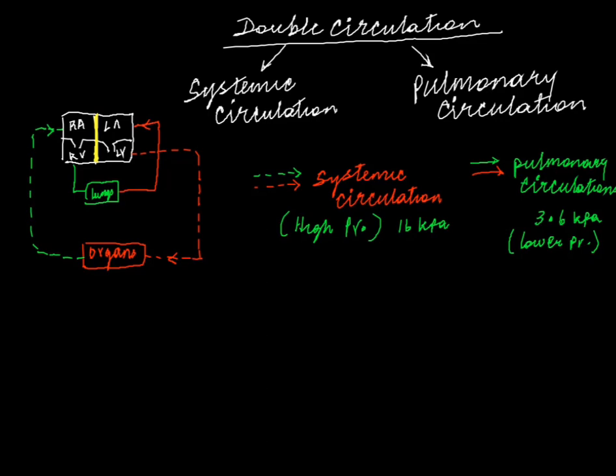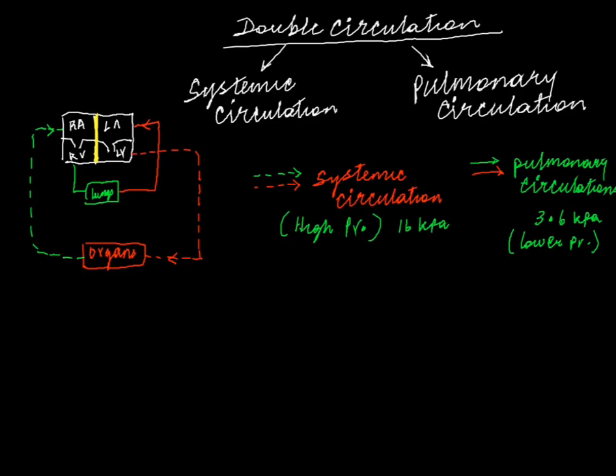Why? Because here the blood is being pumped by the right ventricle, which has thinner walls. Now, why is this important? I told you the closest thing to your heart is not anyone else but your lungs. And to pump blood to your lungs from your heart, it just needs a slight push. You don't need a great deal of pressure because the blood doesn't have to travel very far.